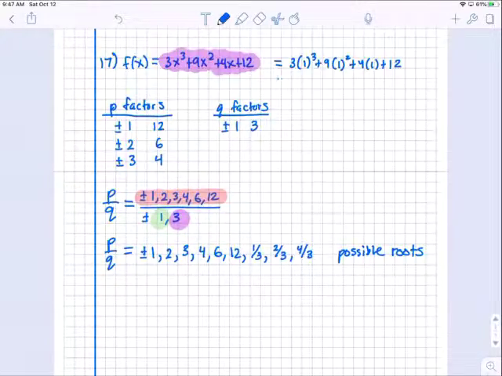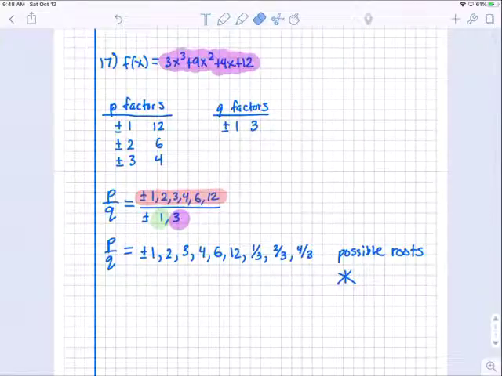But I already know that's going to be 3 plus 9 plus 4 plus 12, and there's no possible way 3 plus 9 plus 4 plus 12 is going to equal 0. So I already know 1 cannot be a root.